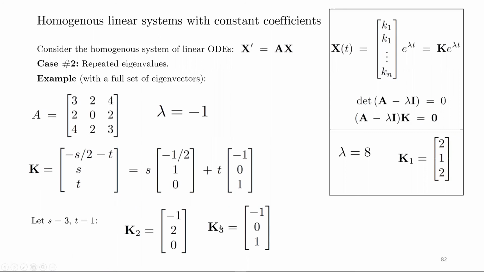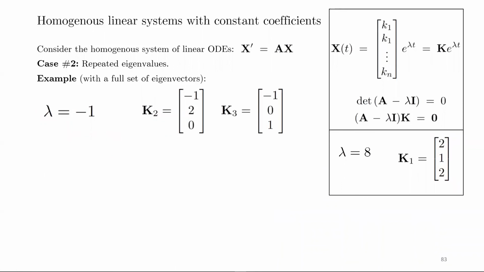So these are two linearly independent eigenvectors associated with this eigenvalue of negative 1. We had eigenvalue 8, for which we found its eigenvector, and eigenvalue negative 1 with multiplicity 2, for which we found two linearly independent eigenvectors.